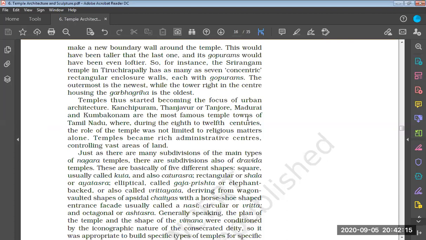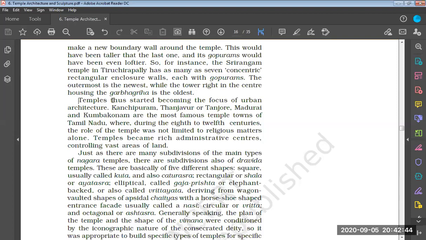This would have been taller than the last one, and its gopuram would have been even loftier. For instance, the Sri Rangam temple in Tiruchirappalli has as many as seven concentric rectangular enclosure walls, each with a gopuram. The outermost is the newest, while the tower right in the center housing the garbhagriha is the oldest one.